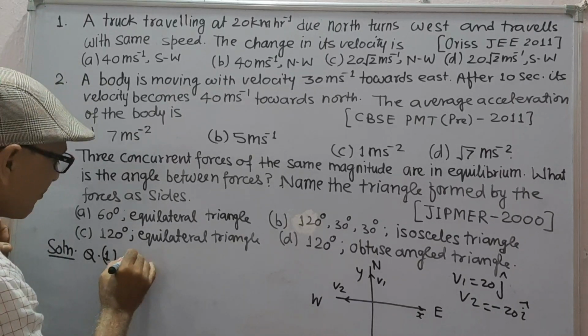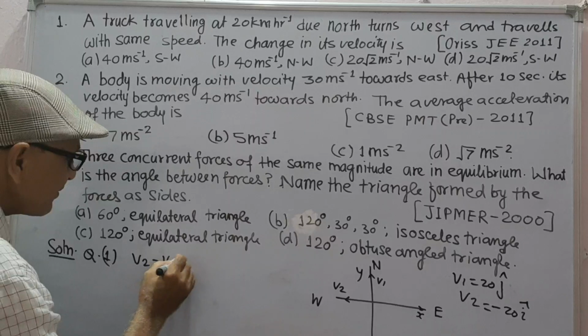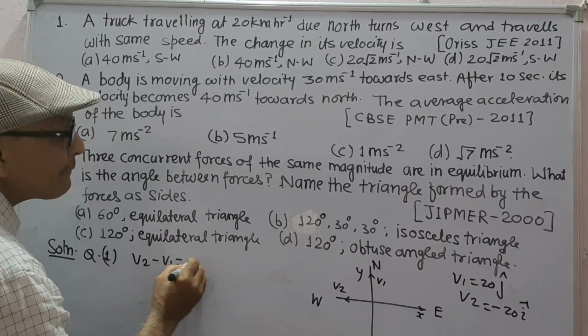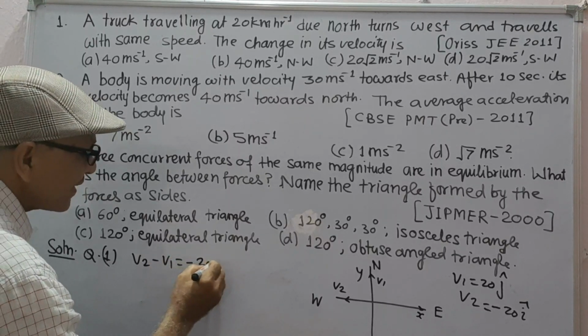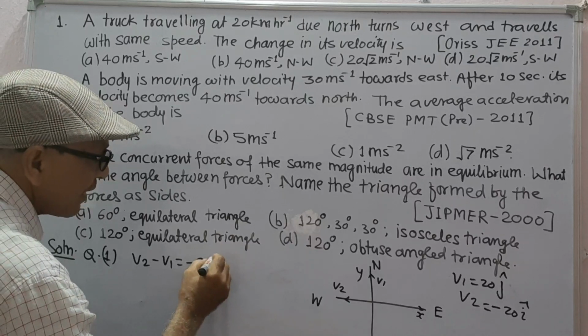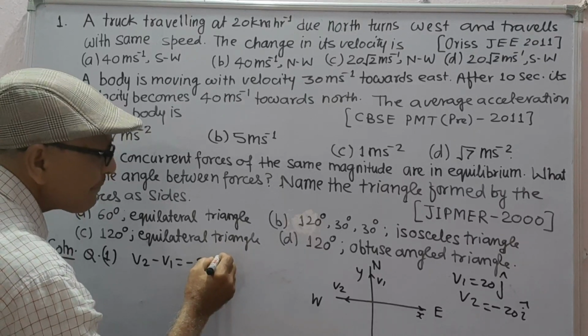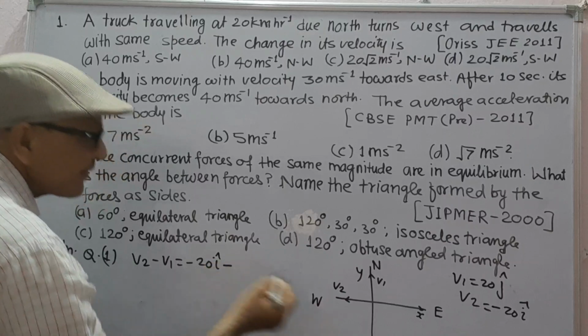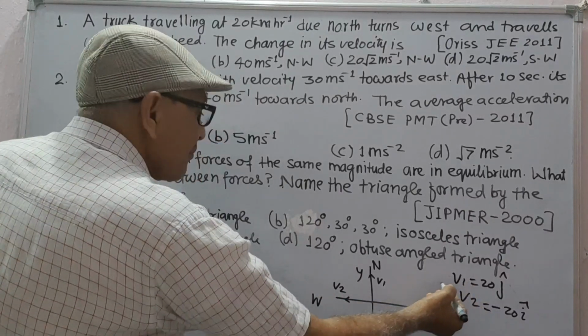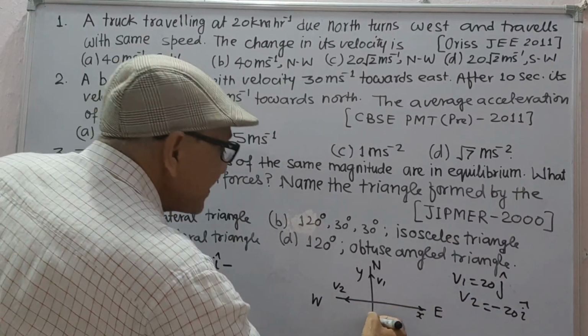So v2 minus v1 will be equal to minus 20 i minus v1. Minus v1 will be in opposite direction.